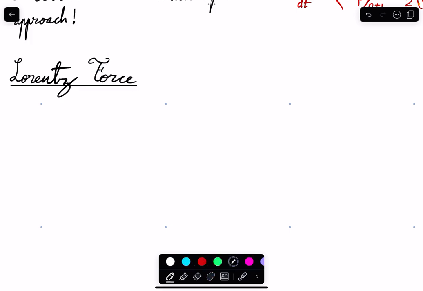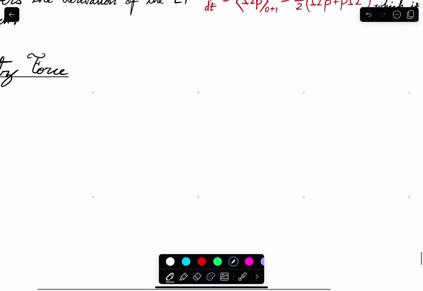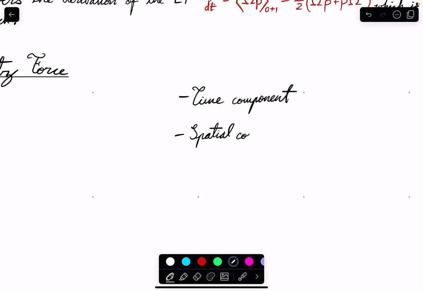There is a time component, and then there is a spatial component.